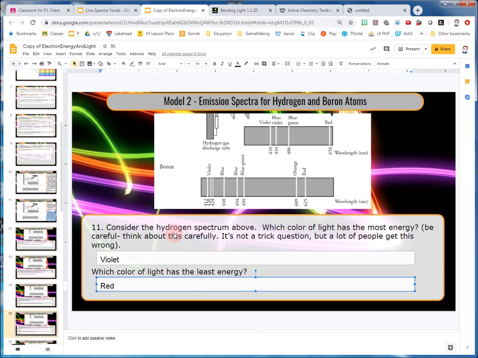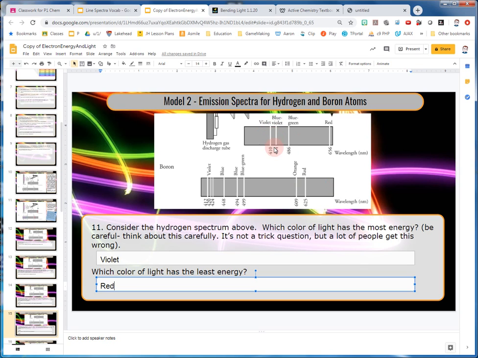Now, is this going to be true for every element all the time? Is the answer always going to be violet and red? Well, no. Why? Because I said that every time you put a new element in here, you're going to get a unique spectrum. And one particular element may not have any violet.